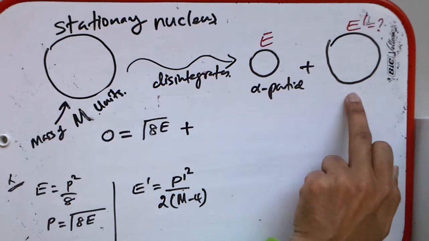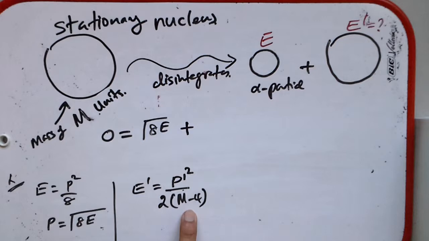So that's what I have written here, M minus 4. So from here the momentum P prime should be equal to the square root of 2 times M minus 4 times E prime, right? Can you see this? Maybe I should write it down here.